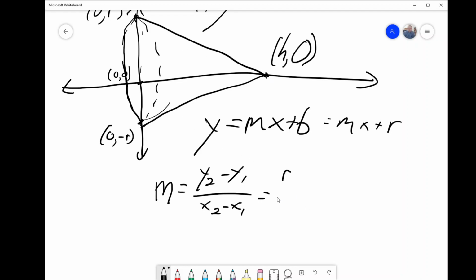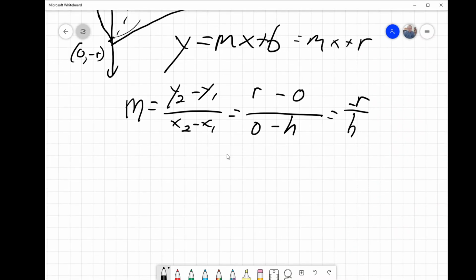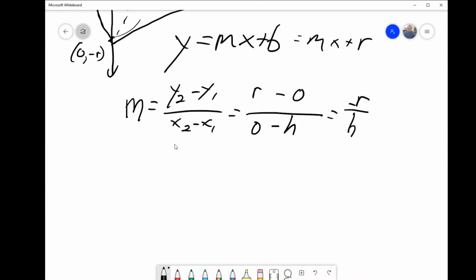So we can let one point be 0, r, our other point is h, 0, and our slope becomes negative r over h. So this is an expression that represents the radius of our cylindrical cone cross sections. It's negative r over h x plus r.